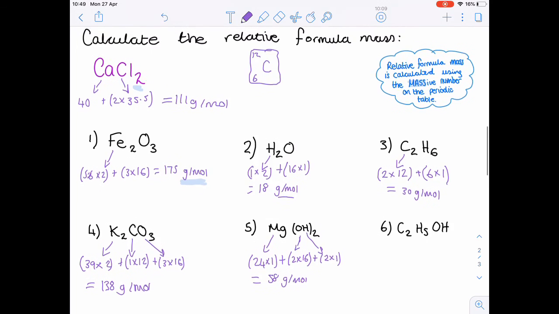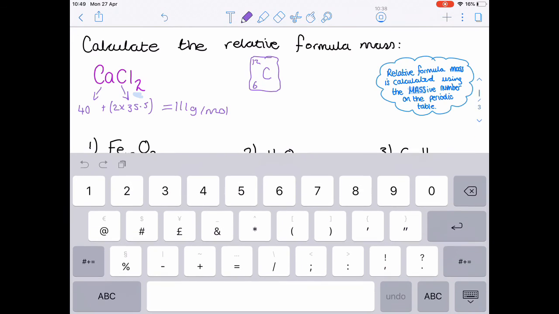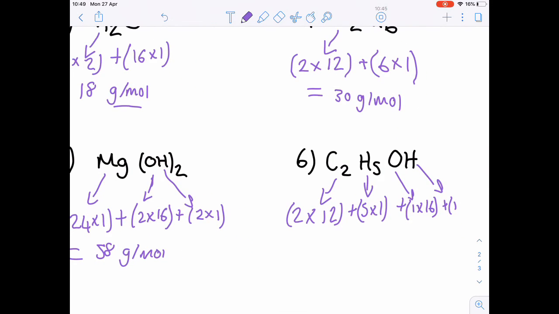Carbon, there is 2 here, so you would do 2 times the big number for carbon, which is 12, plus 5 times the big number for hydrogen, which is 1, plus 1 for your oxygen number, which is 16, and finally plus 1 times 1, which is 1. So I'll just put the 1 there because I don't have space to finish that one off.